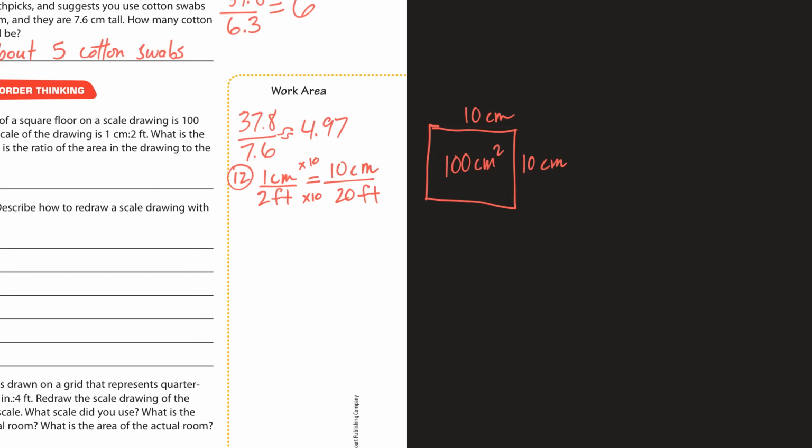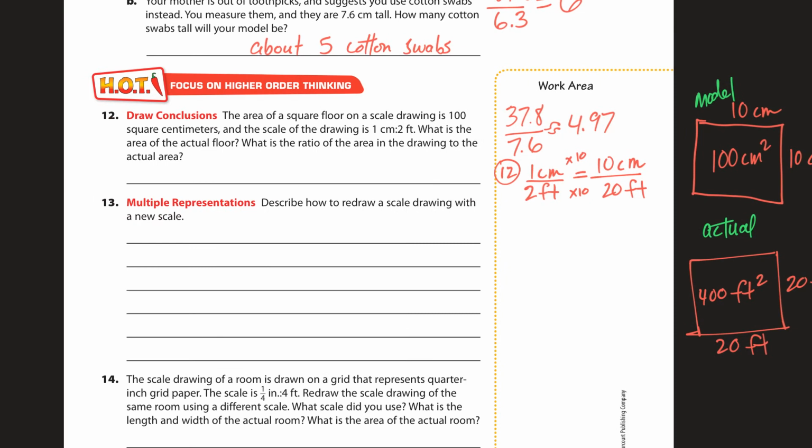So this is the model, but in the actual, it would be a 20 foot by 20 foot square, and 20 times 20 is 400, and that would be 400 square feet. So that would be our answer for this one. What is the area of the actual floor? It would be 400 square feet.